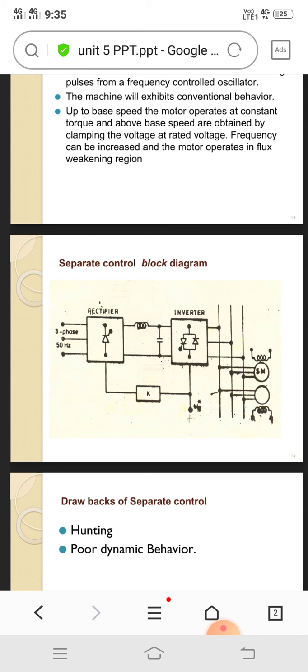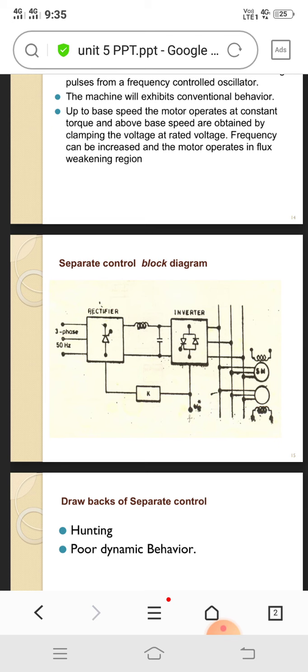The tacho generator does its work, and the speed output is fed to the inverter. The inverter senses whether that speed is correct or not. After calculating the speed, it may be incorrect, and it will be corrected by this inverter.